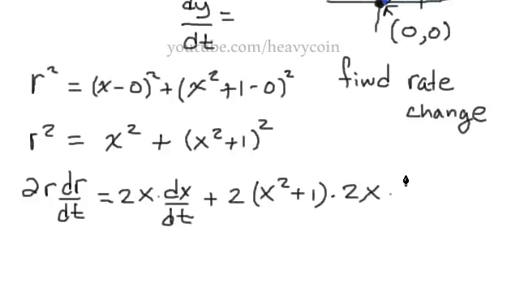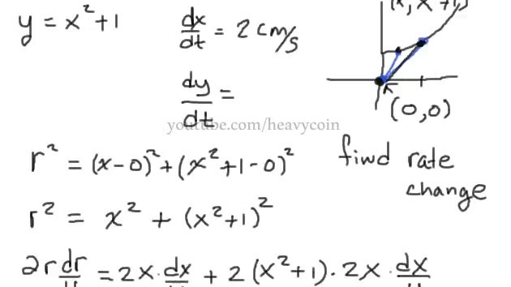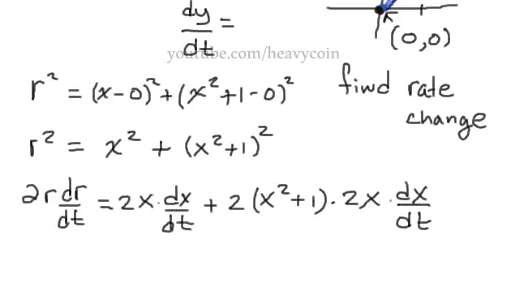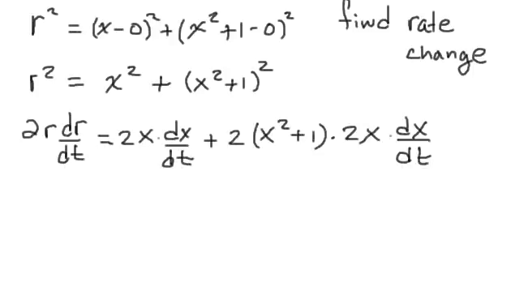But now remember, we have to write dx over dt. Now, we were given dx over dt, so we're going to substitute that in, and that was 2 centimeters, so we're going to plug 2 in there.